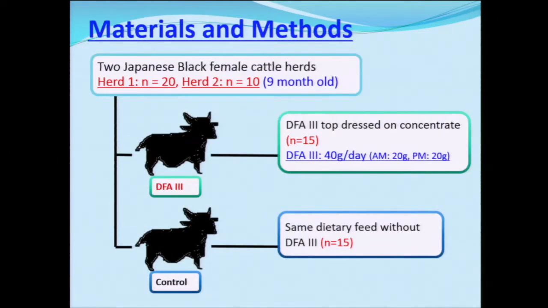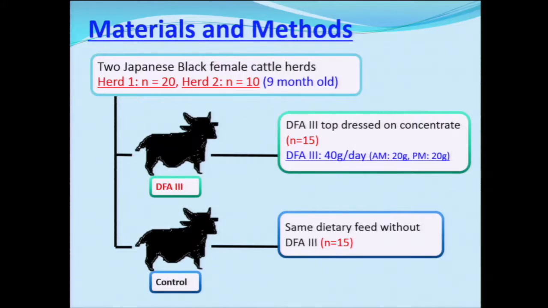Two Japanese black female cattle herds were used in the present study. They were all of the same age, 9 months old, and of similar body weight. In the DFA group, DFA III was supplemented as a top dose on the concentrate, totaling 40 grams per day.